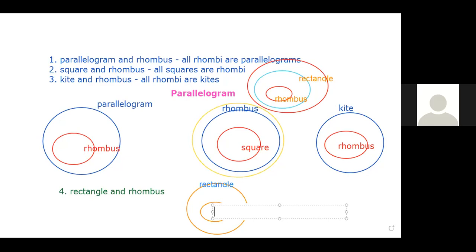No. If we consider this picture, then it appears that all rhombi are rectangles. Is that true? No. So that's not the case. I'm going to erase that one.